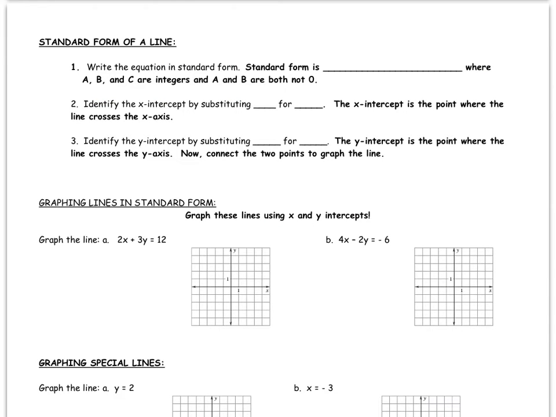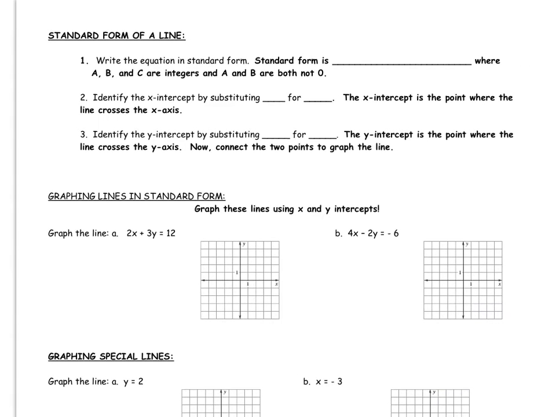All right, now, I told you there are going to be some times that we don't have things in slope-intercept form. The reason is we're giving them to you in standard form. Standard form looks like this: Ax plus By equals C. And that says x and y are on the same side.